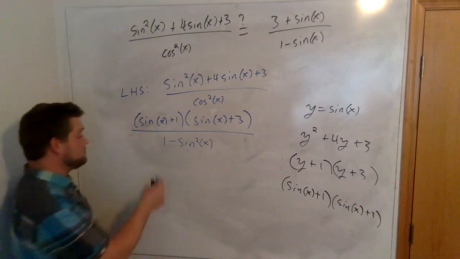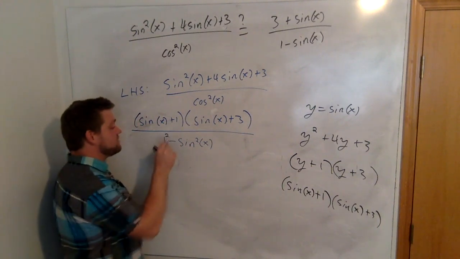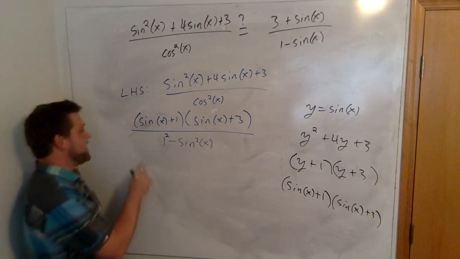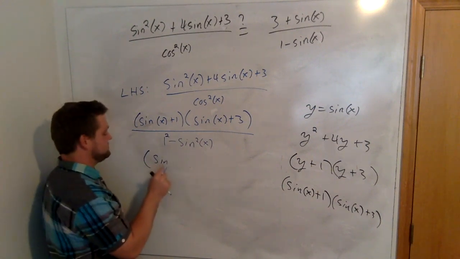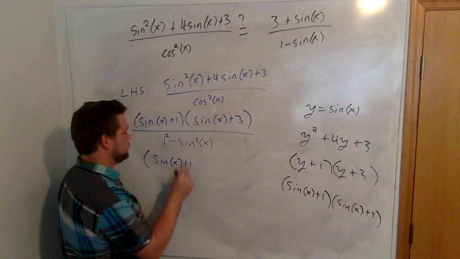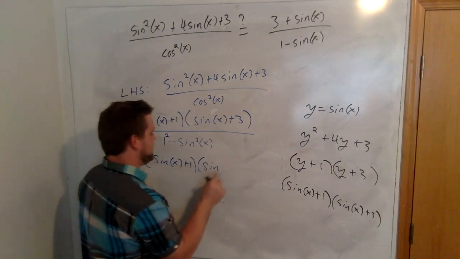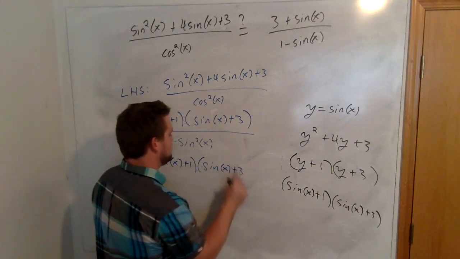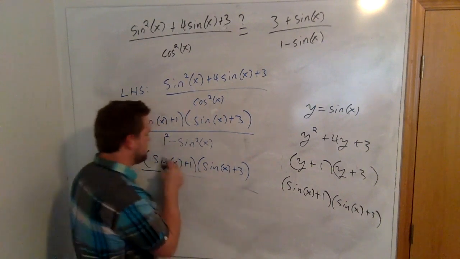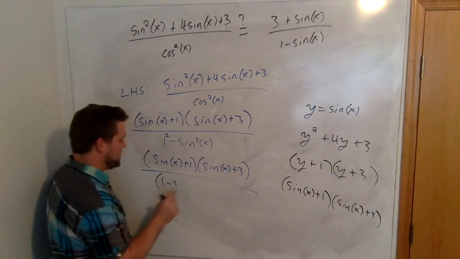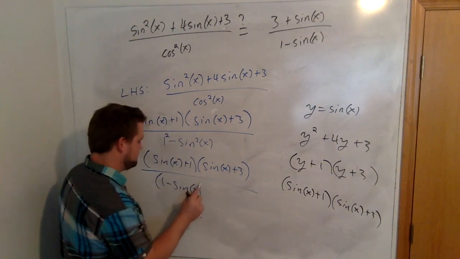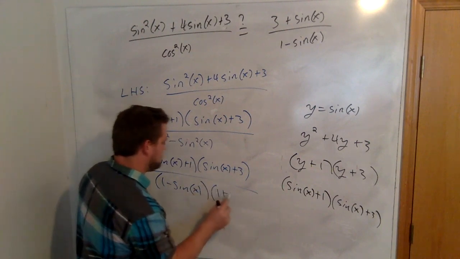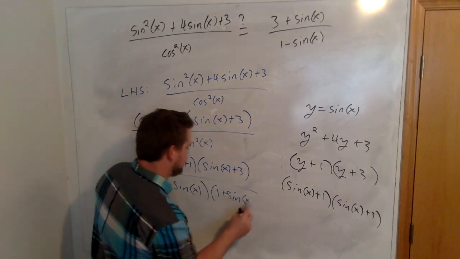What's great is 1 minus sine squared is another difference of squares pattern, and we can factor it. So we have a sine of x plus 1 times a sine of x plus 3. The denominator will factor to a 1 minus sine of x times a 1 plus sine of x.